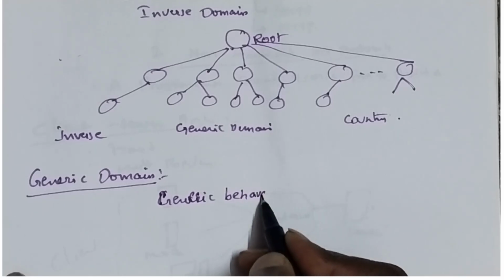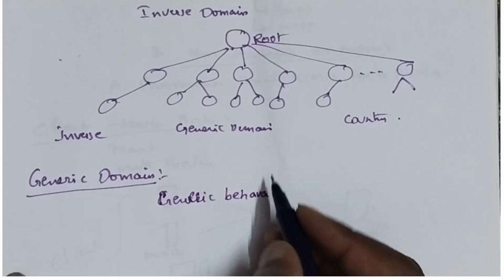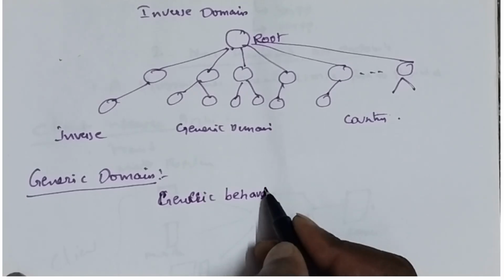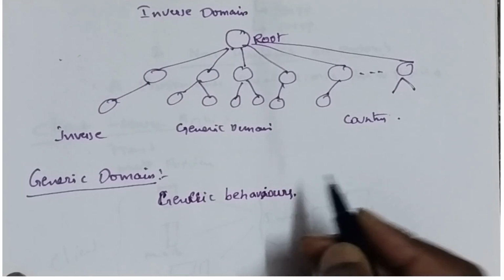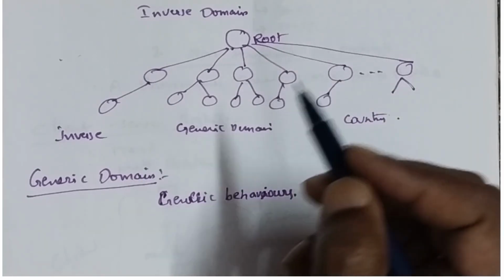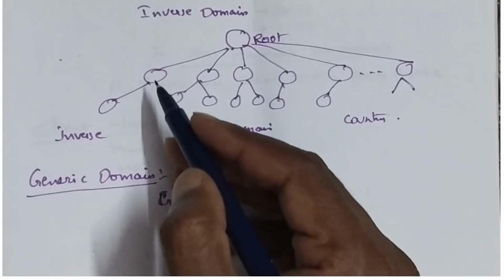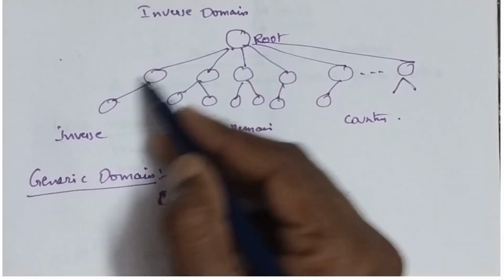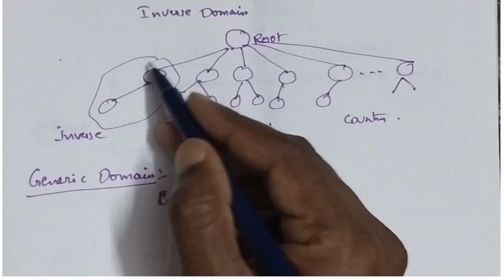Based on the generic behavior, these domains are generated. Each node in a tree defines a domain name, which is an index to the DNS database. In this diagram, each node contains some domain name. For example, if you take this node, this is one domain.